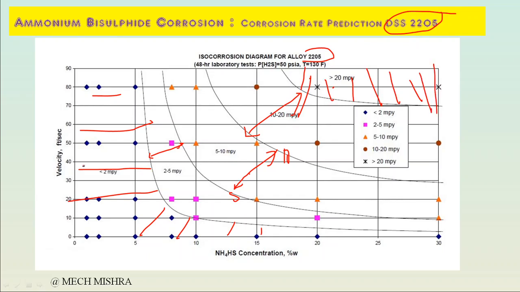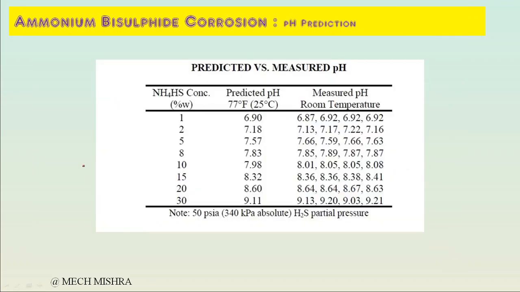Okay, now we can also predict the pH of the system based on the NH4HS concentration at 50 psi partial pressure, which is a critical partial pressure of H2S. At 50 psi partial pressure, if my NH4HS concentration is 1%, then my predicted pH will be 6.9, and this is also an actual measurement, which is exactly equal to our predicted one.